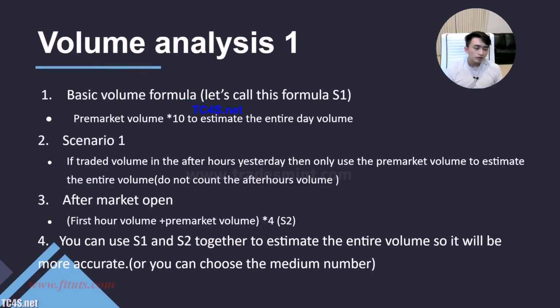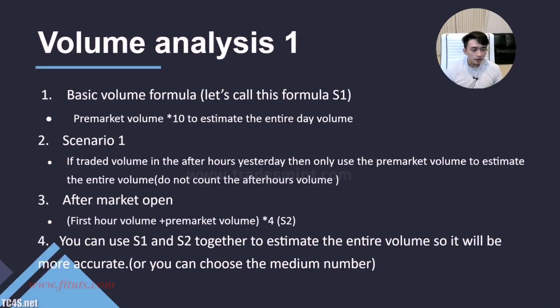You don't know if there's resistance or not. So when you have S2, that means in the first hour, if the resistance is really active and pushes the stock down, in that specific scenario you want to use the S2 equation to calculate the entire day volume, since the pre-market volume prediction is not going to be very accurate, as I talked about, because you don't know if there's resistance or not.